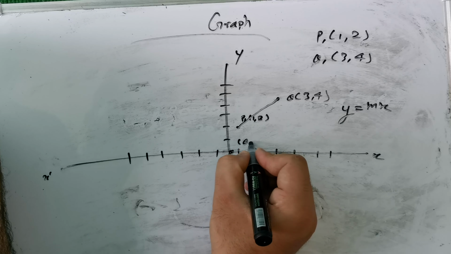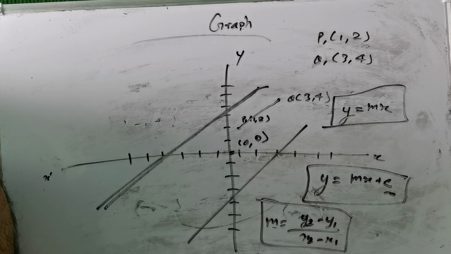If the line goes from another segment, then the line becomes y is equal to mx plus c. Here c is the point of intersection. The formula to find the coefficient of x is y2 minus y1 upon x2 minus x1. Okay.